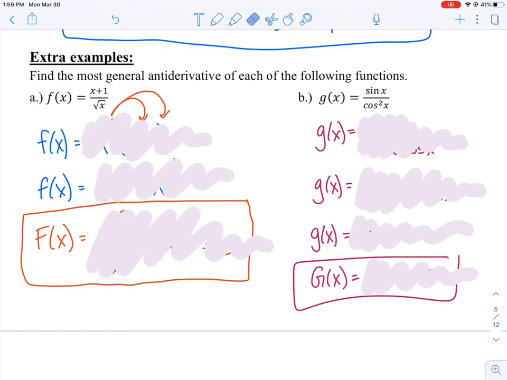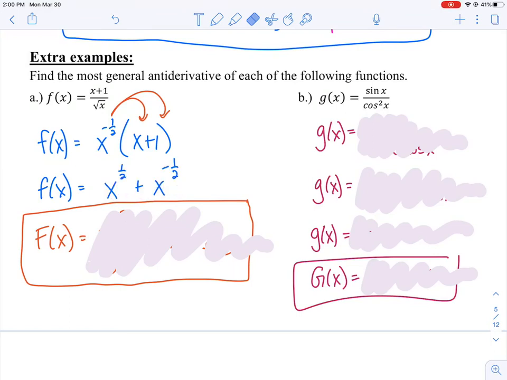So on the first one, A, I took the square root of x and changed it into x to the 1/2, and then this time I brought it up. You don't have to do it this way. You could have separated it into two different fractions and reduced it that way, but we still should end up with the same final answer. I just decided to take the x to the negative 1/2, bring it up, that's how it turned into a negative, and then distribute it through to my x plus 1.